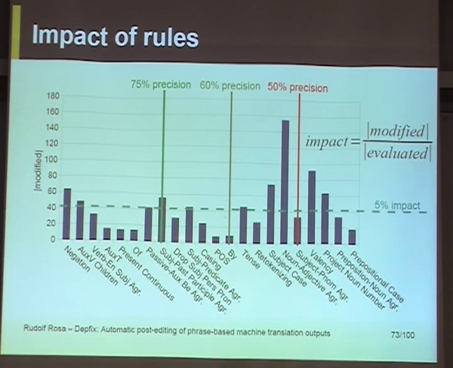Some of them have a very tiny impact, like possessives or the preposition by or the preposition of, because this is not so common in the data, and also because it is often correct. We can see that the negation is really a good rule, because not only does it have a high precision, but it also has quite a high impact, which actually is a bad thing for the SMT people, because it means that the errors in negation are very common.